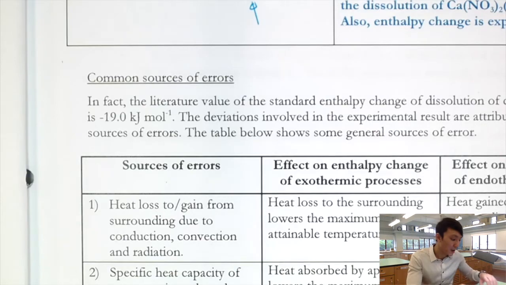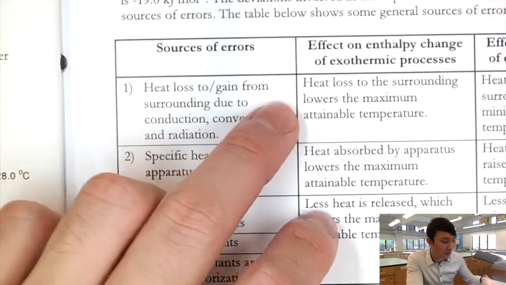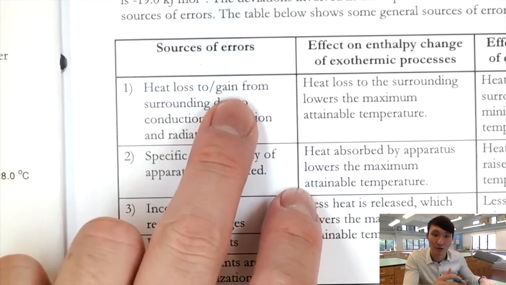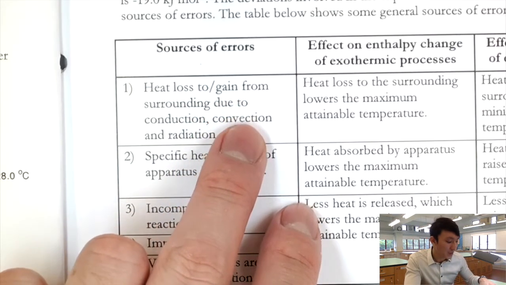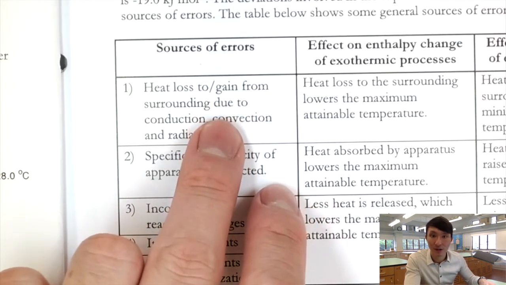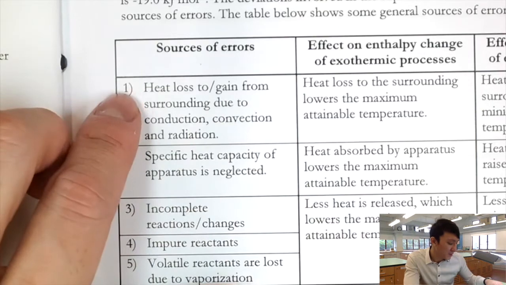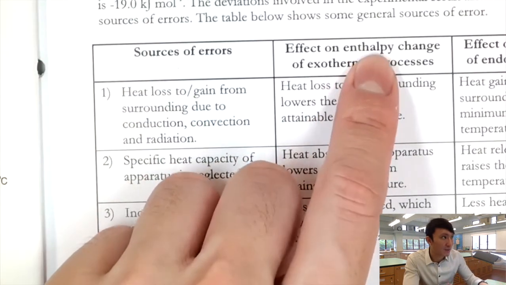So first of all, this is very common, heat loss to the surrounding or heat gain from the surrounding. It depends on whether you are doing an exothermic reaction or an endothermic reaction. If you're doing an endothermic reaction, you may have heat gain from the surrounding. Heat loss to the surrounding, how does it affect the enthalpy change?